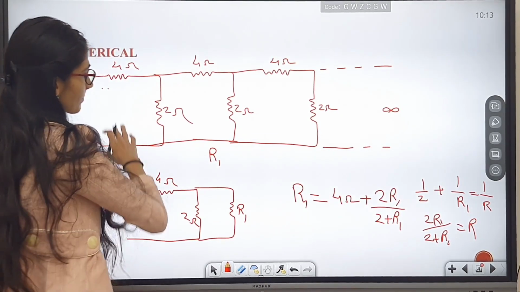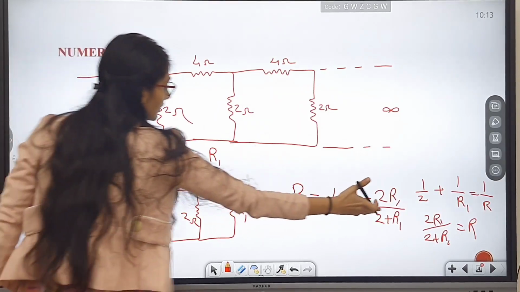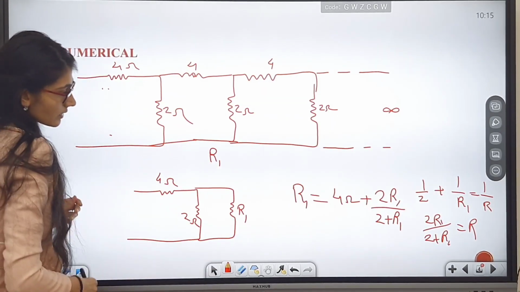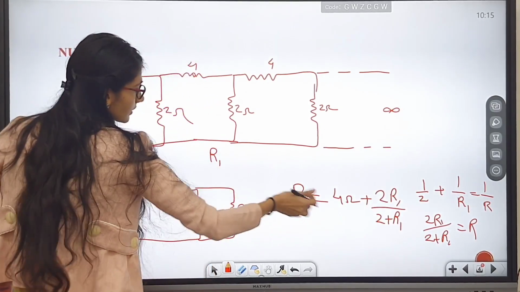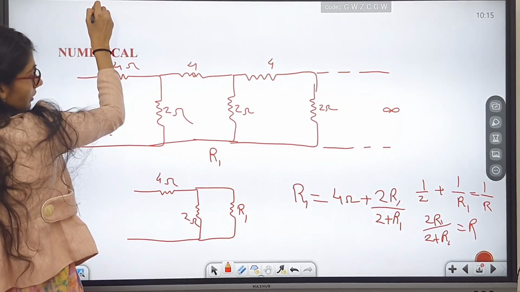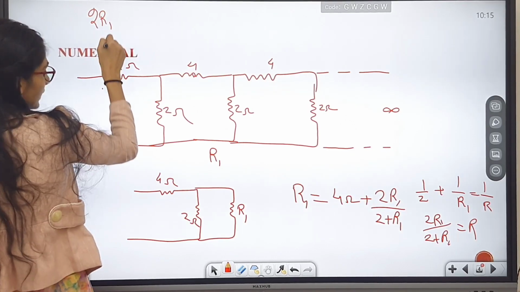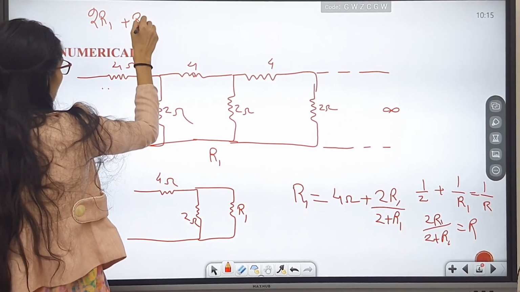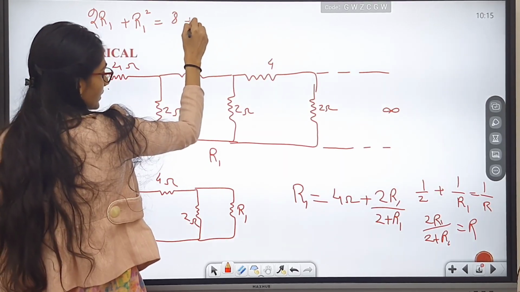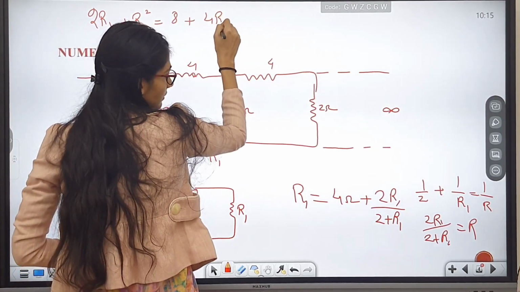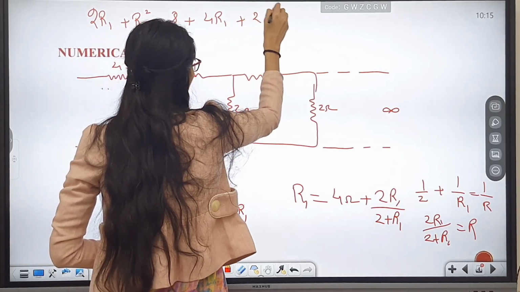Let's solve it here. I will take the equation R1, take this denominator here and multiply: 2 into R1 plus R1 square is equal to 8 plus 4R1 plus 2R1.